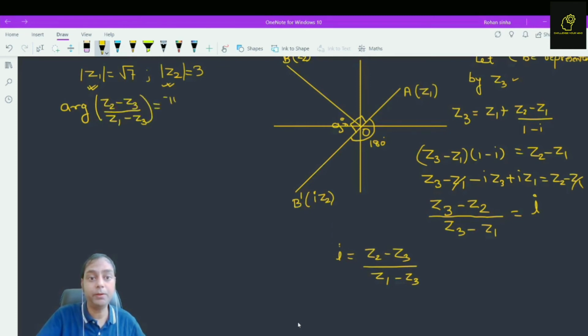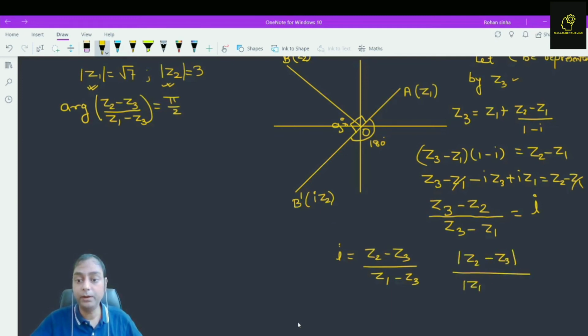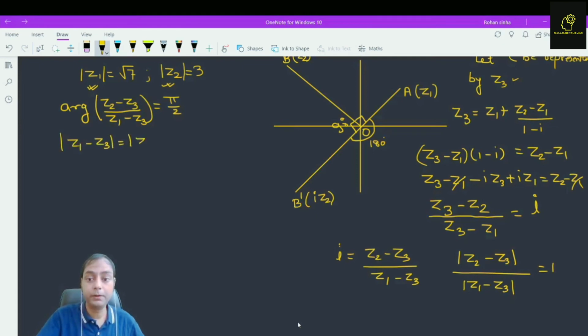This is pi by 2, and modulus of (Z2 minus Z3) upon modulus of (Z1 minus Z3) is equal to 1. So what can we conclude? We can conclude modulus of Z1 minus Z3 is equal to modulus of Z2 minus Z3. From here, modulus of Z2 minus Z3 is equal to modulus of Z1 minus Z3, and argument of (Z2 minus Z3) upon (Z1 minus Z3) is pi by 2.